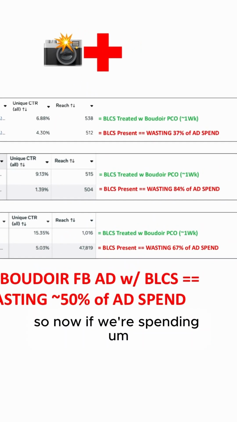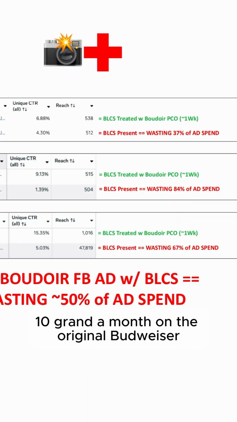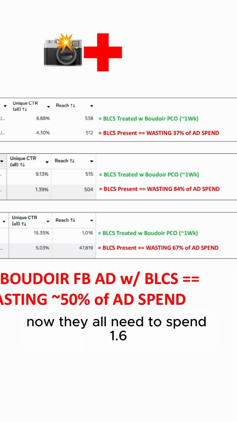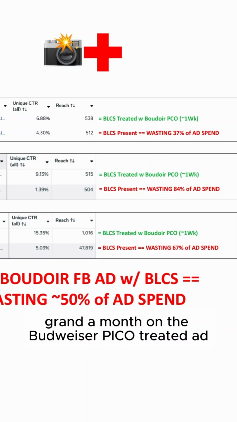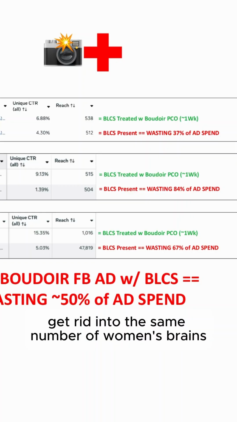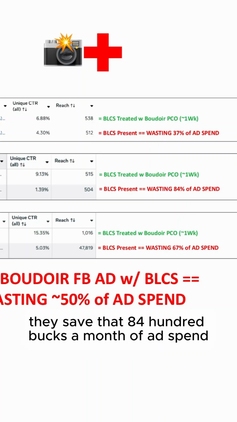So if they were spending 10 grand a month on the original boudoir Facebook ad, then now they only need to spend 1.6 grand a month on the boudoir Pico treated ad, and they can actually get their ad into the same number of women's brains as the original. But they save the 8,400 bucks a month of ad spend.